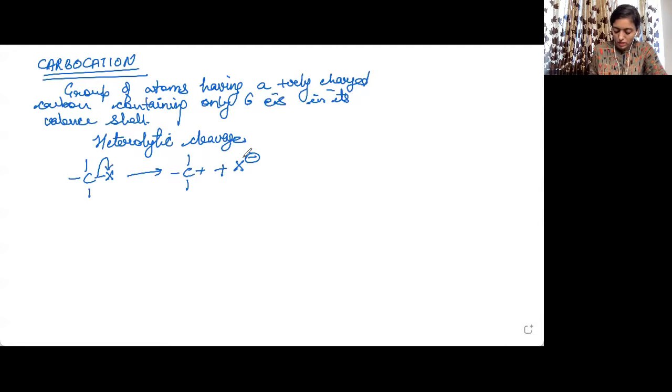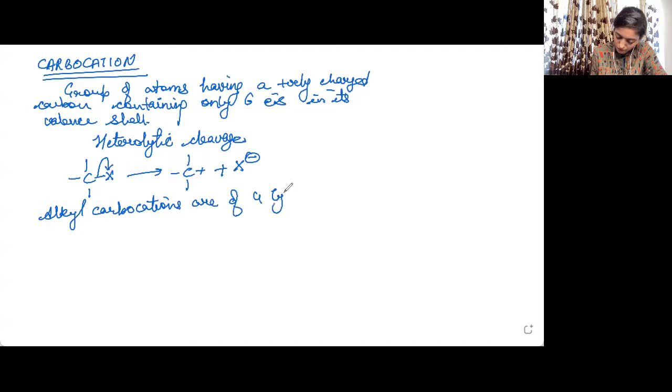Again, the alkyl carbocations are of 4 types. One is methyl, then primary, which is also written like this.